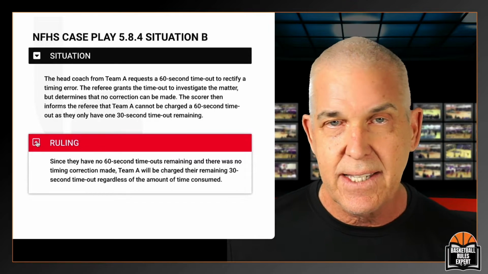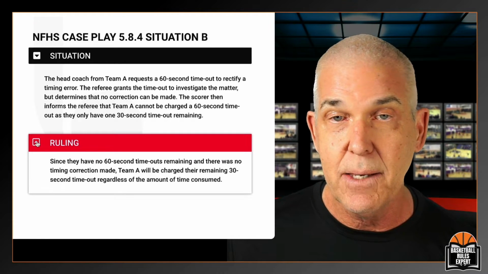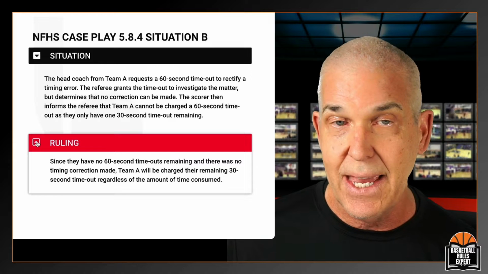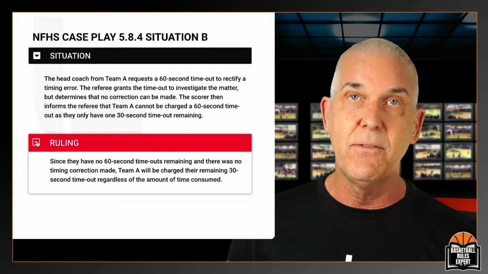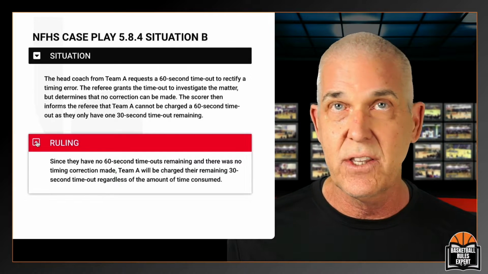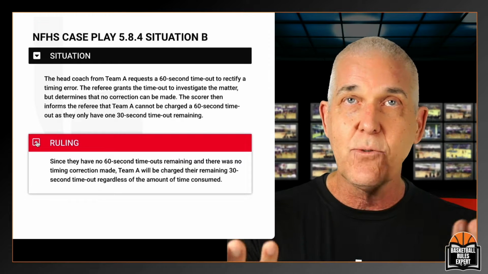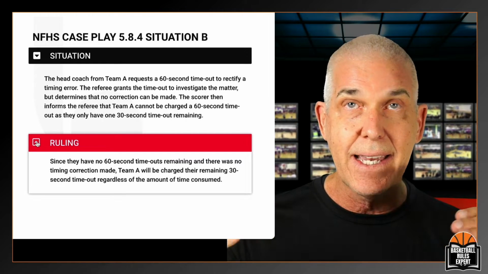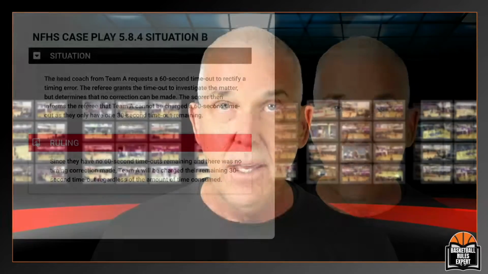Since they have no 60-second timeouts remaining, and there was no timing correction made, Team A will be charged their remaining 30-second timeout, regardless of the amount of time consumed, right? A common sense resolution to the situation, right? Teams must request a timeout to examine whether a correctable error situation has happened.